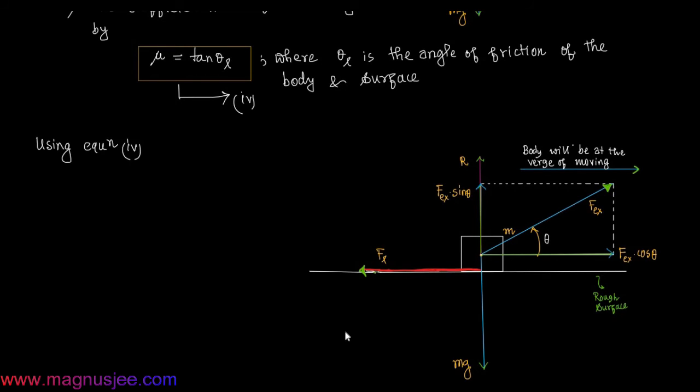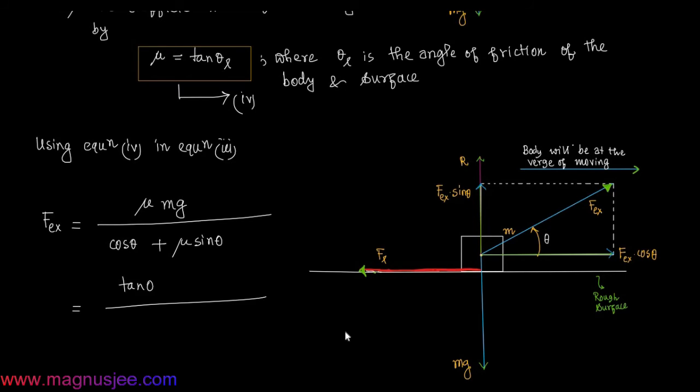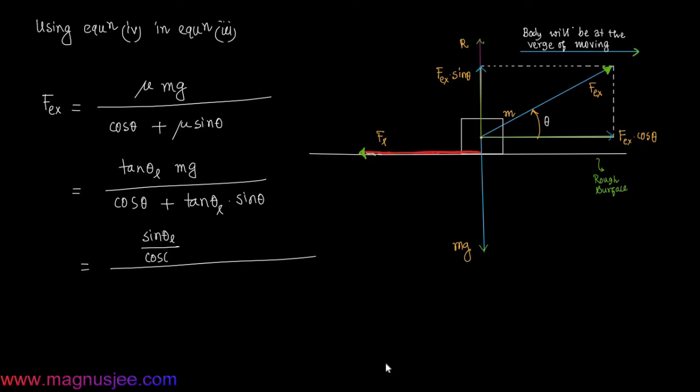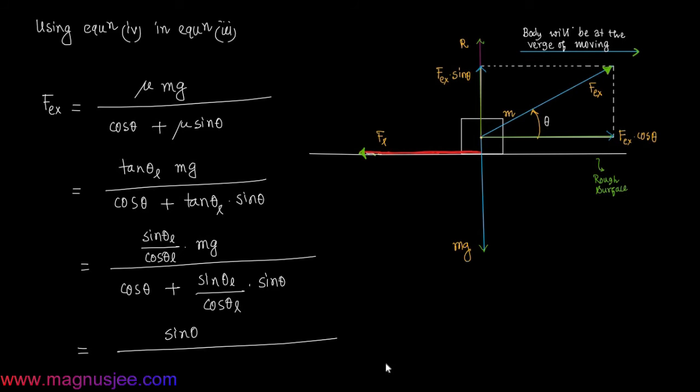Using equation 4 in equation 3 we get Fx is equal to mu mg divided by cos theta plus mu sin theta. Now putting the expression of mu, we get tan theta L mg divided by cos theta plus tan theta L into sin theta, is equal to sin theta L by cos theta L into mg divided by cos theta plus sin theta L by cos theta L into sin theta, or sin theta L mg is equal to cos theta into cos theta L plus sin theta L into sin theta.